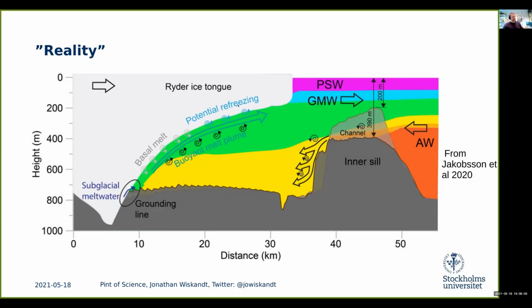On one side we have the ice. Here it's a glacier that ends, and the ice reaches over like a tongue onto the ocean and builds a cavity underneath it, where the ocean water still flows. At the Ryder Glacier and at some other glaciers too, we have a very interesting feature, a sill.